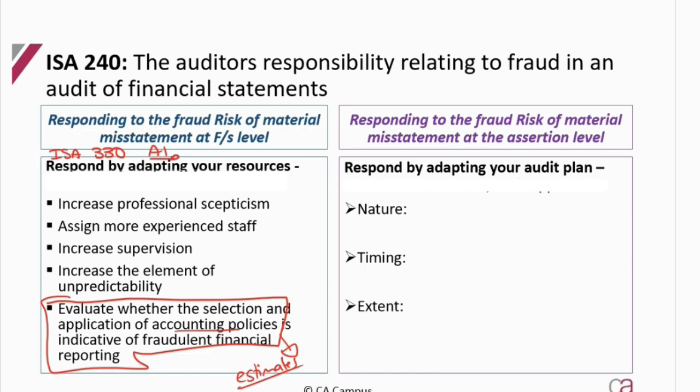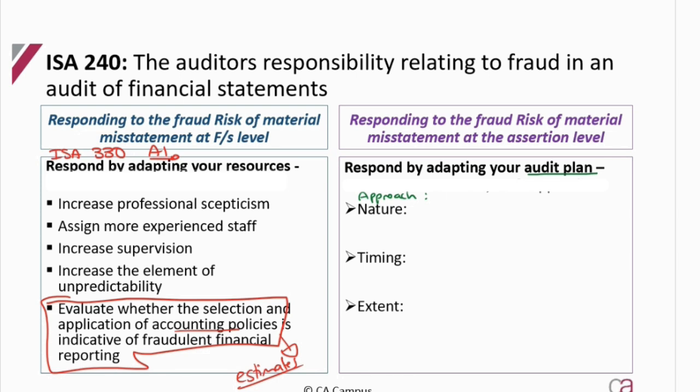Nice and simple. So how do we then respond at the assertion level? In planning, we say we adapt our audit plan. We have to first discuss our approach. And our approach could either be combined or substantive.